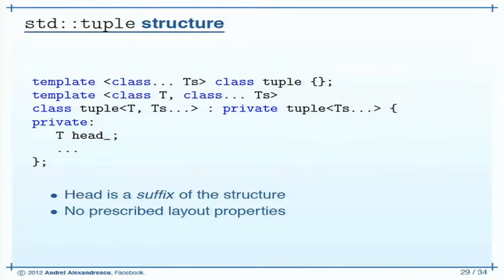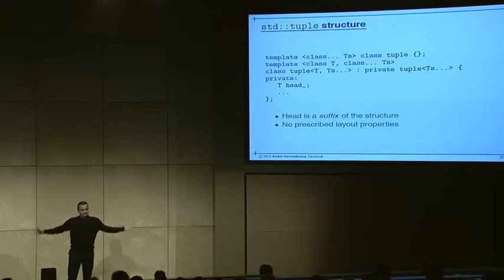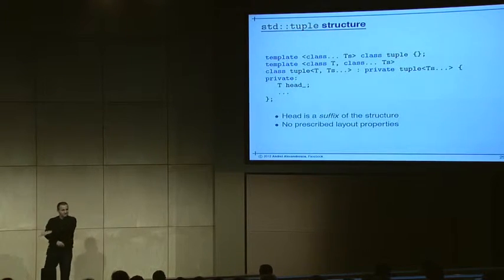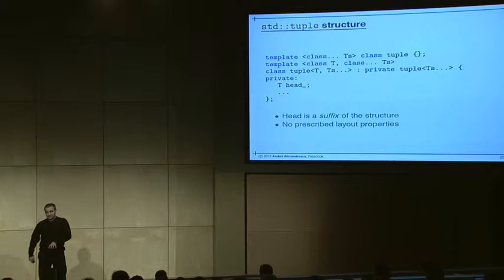Good. Question. What's the layout of this guy? Well, it turns out it's exactly, just like in Stefan's example, the exact opposite of what you'd expect. It's reversed, right? So if you have a tuple of int, string, and double, the double is going to be first, followed by the string, followed by the int. That can be a bit unexpected, right?